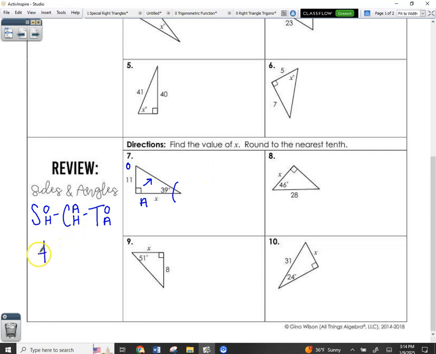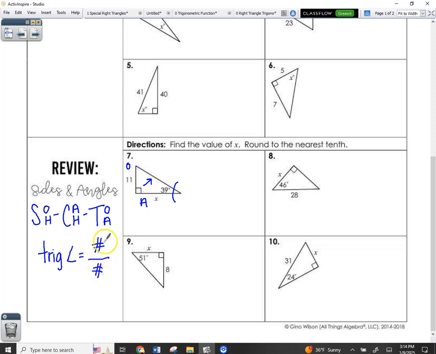Then you're going to set it up. It's going to be trig function, angle measure, equals fraction bar, and then it's going to be a number over a number. These numbers, by the way, because it comes from these formulas, these are always side measures.